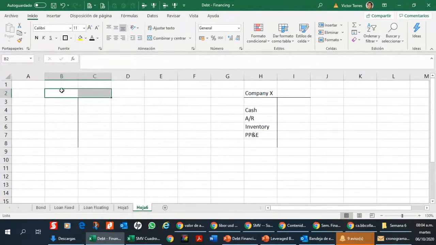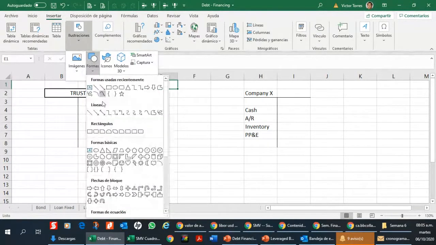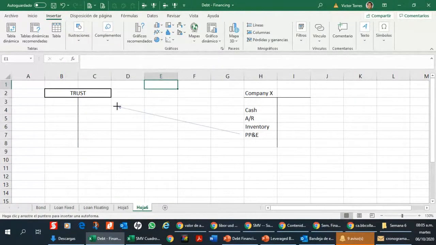That's why we create this structure called a trust, or a special purpose vehicle, as I was saying. And one of the PP&E, one of the assets that are here, is going to be used to finance, as a collateral, this structure.